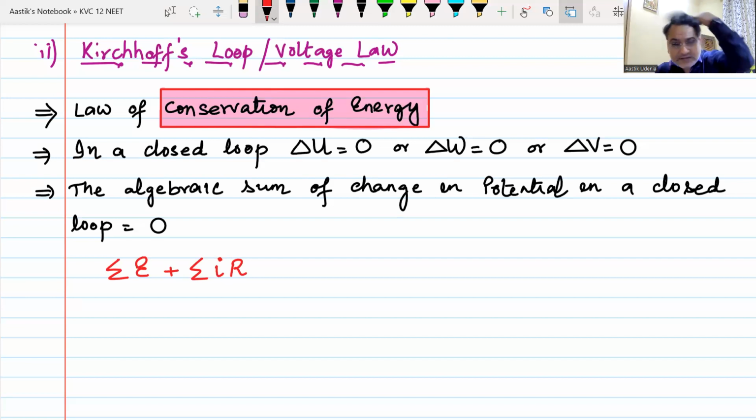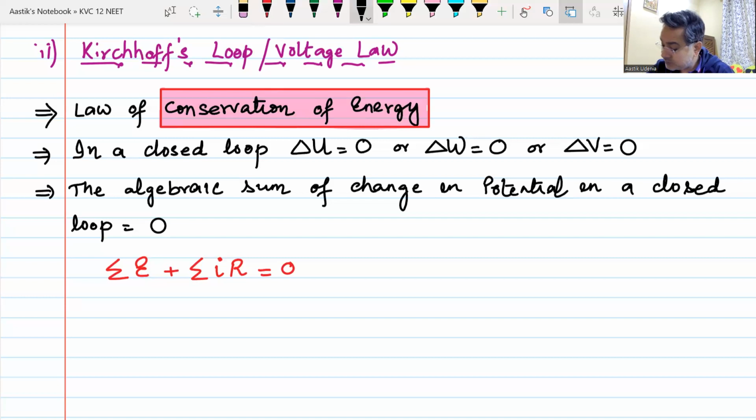I into R is the potential drop across a resistor. Do we understand this? This is equal to zero.